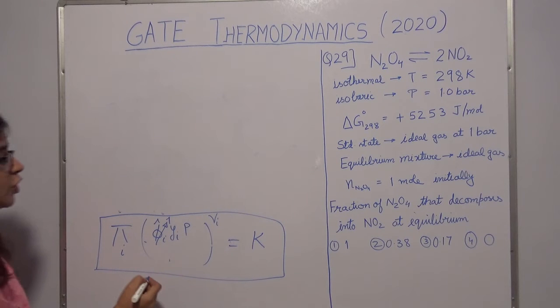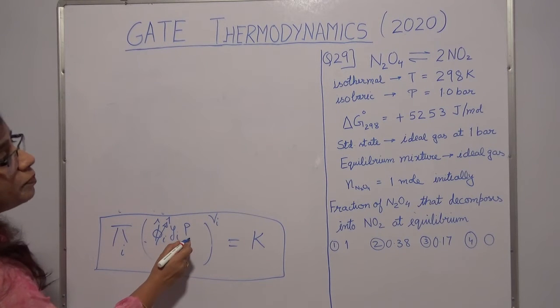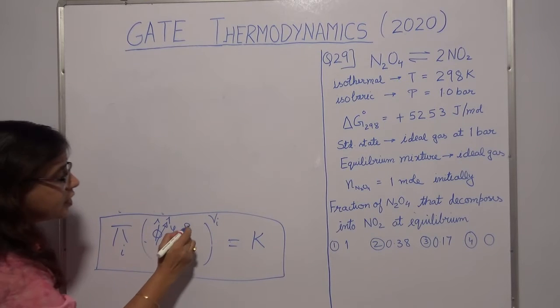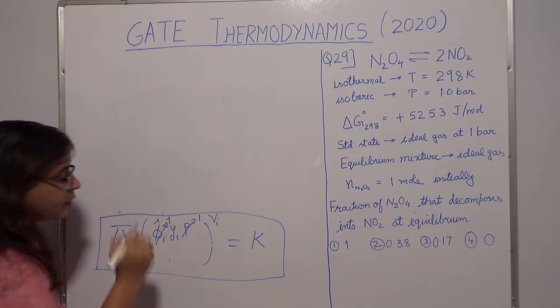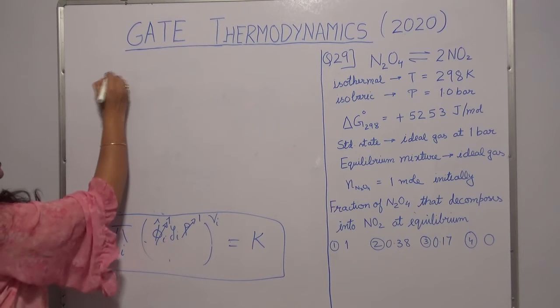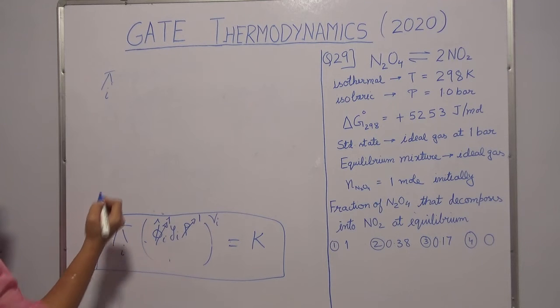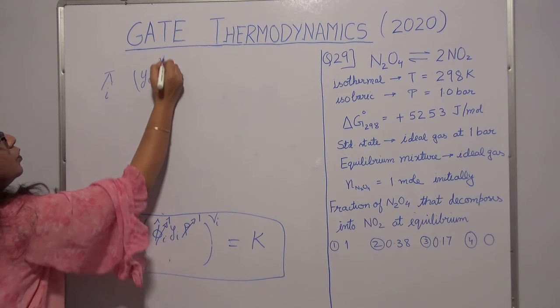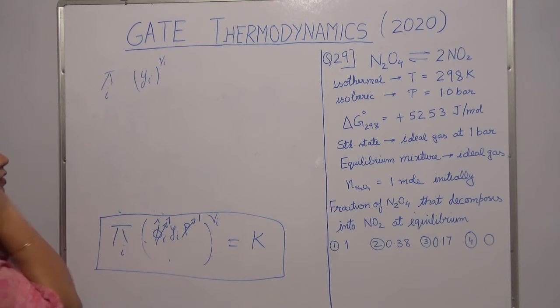So what you are left with is y_i into P. Again, your pressure is maintained at 1 bar, so this is also unity. So what you are left with is product over all i, y_i raised to ν_i, that is equal to K.